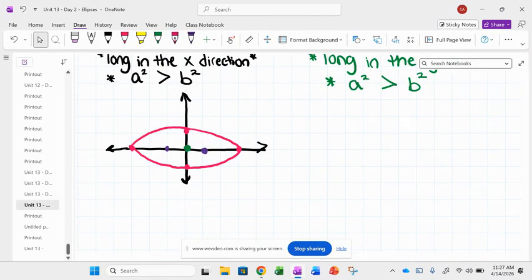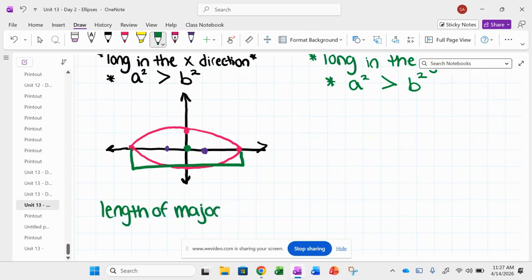So here, the major axis is the x-axis, right? Because we're long in the x. Now, we can find the length of the major axis. The length of the major axis is the length that we're long in from one vertex to the other. So this is called length of major axis. And that's always going to be represented by 2a. And that's from vertex to vertex.